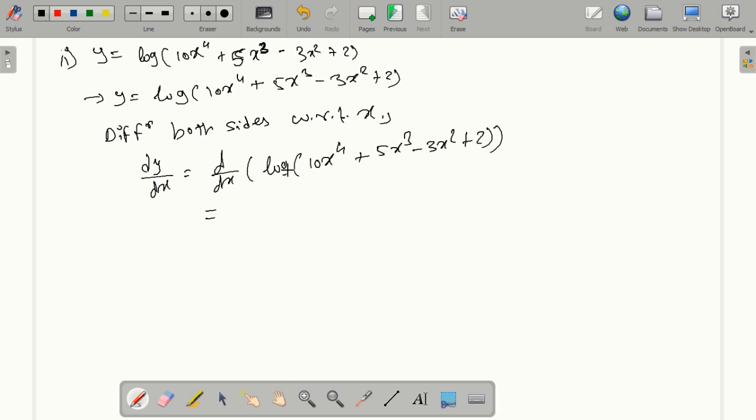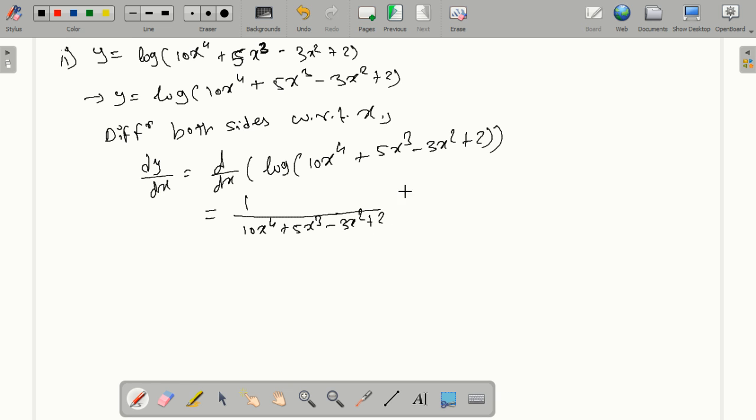So what will be the derivative of this? As this is log, this would be 1 upon x. In this case, x is 10x raised to 4 plus 5x cube minus 3x square plus 2, right?